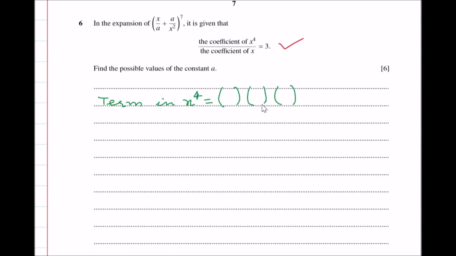Okay, three brackets required. Now the n in nCr is known here, 7. So we can write here 7. The first term is x by a, so write here x by a. The second term is a by x², so write a by x².